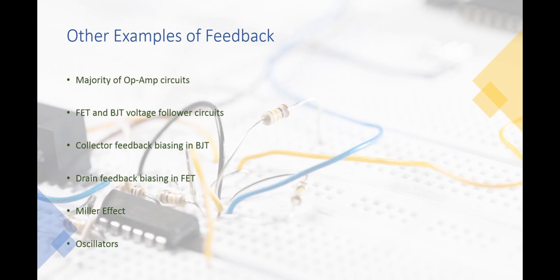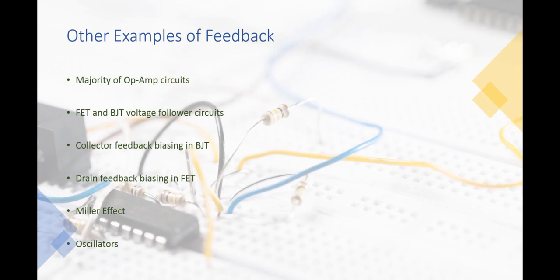Another example is the Miller effect, where the output voltage affects the capacitance on the input side, which then affects the frequency response of the amplifier circuit. So this is also an effect which can be considered as feedback from output to input.